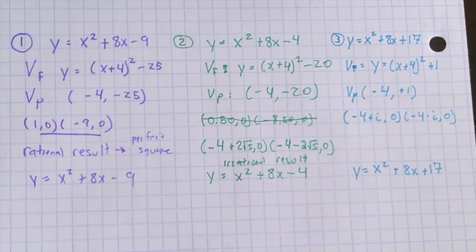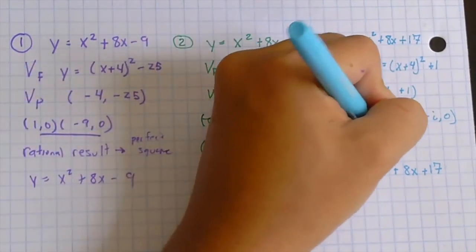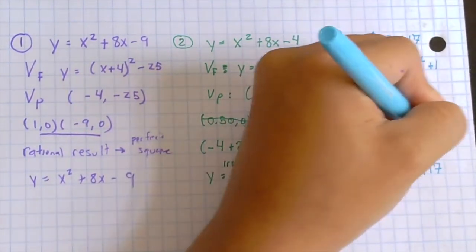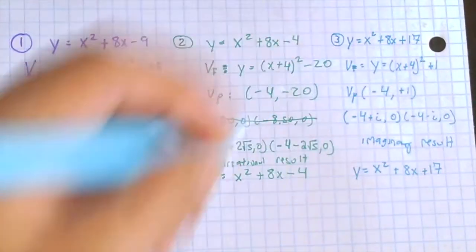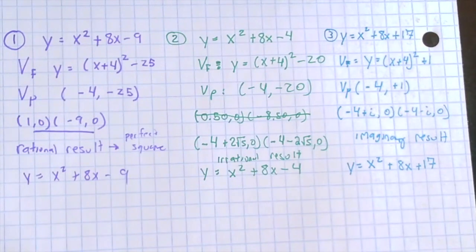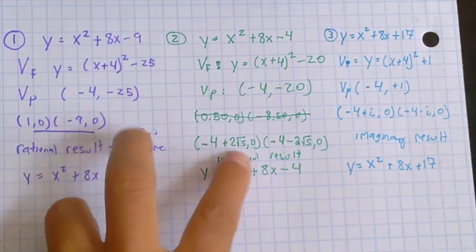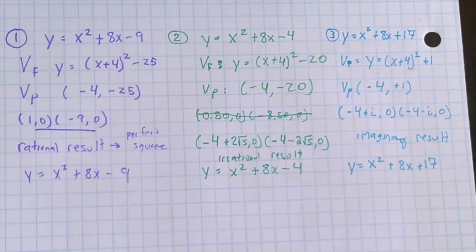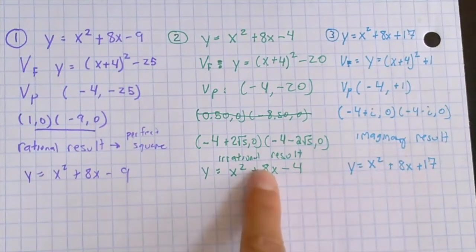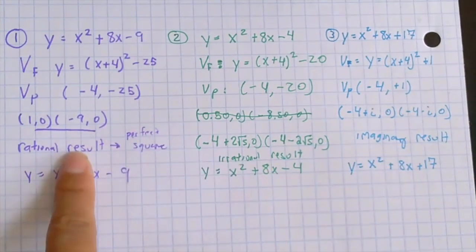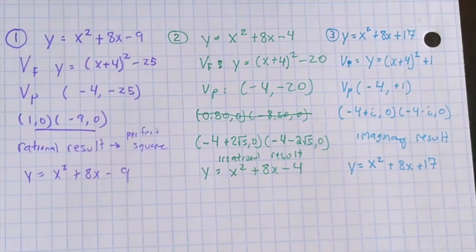Here, number 3, we have an imaginary result, because our C term, that i, is neither a rational nor irrational number. It's just positive 1. We have an imaginary result because it is neither a rational nor irrational result.